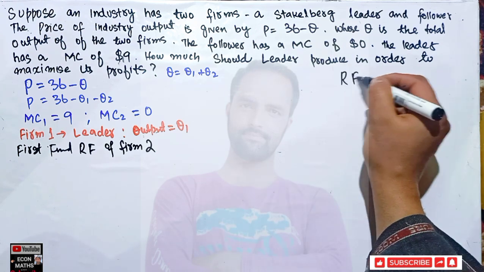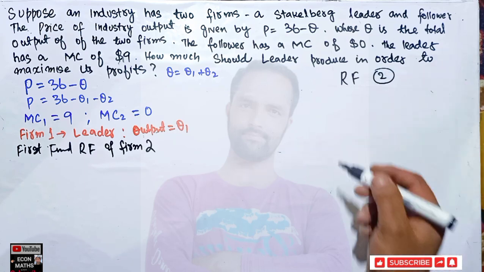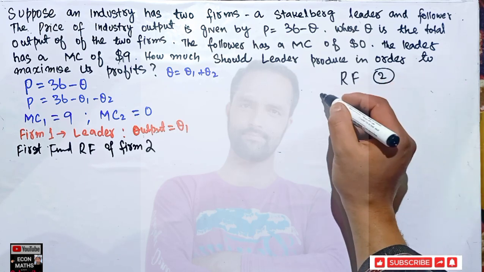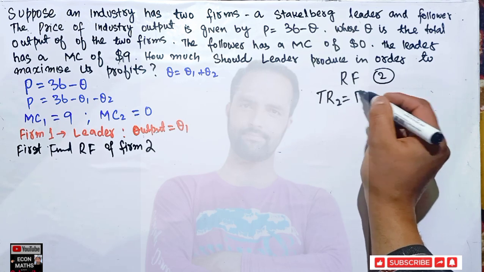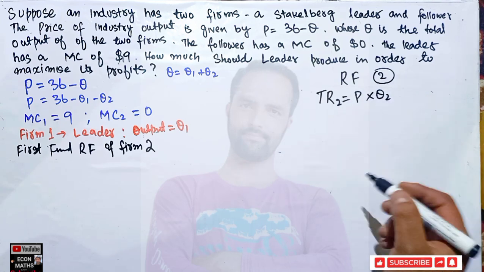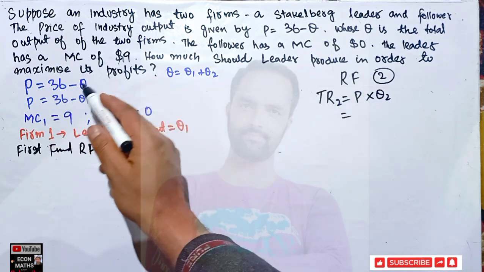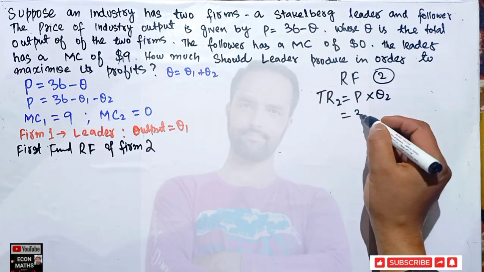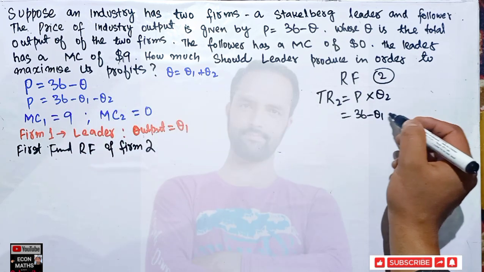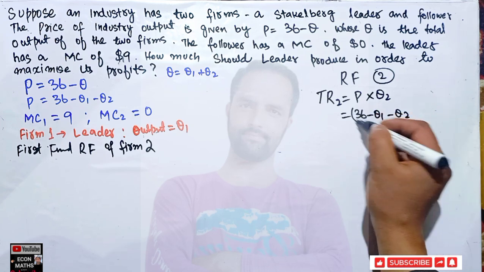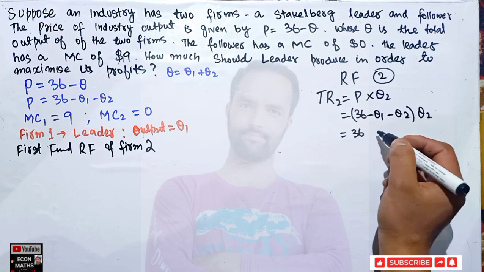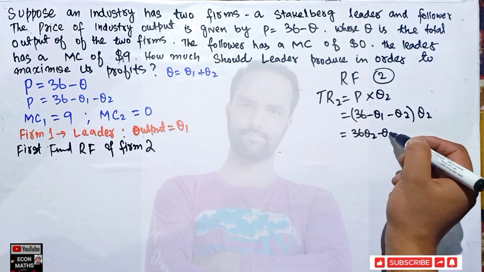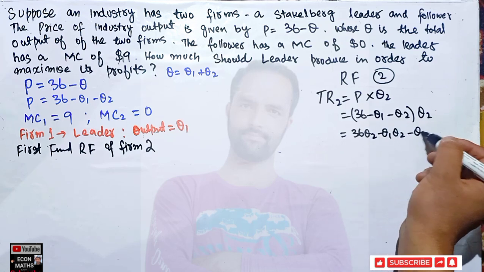The total revenue for firm 2 is equal to price into quantity Q2. The price is given here as 36 minus Q1 minus Q2, and to this we multiply Q2. So this comes out to be 36Q2 minus Q1Q2 minus Q2 square.